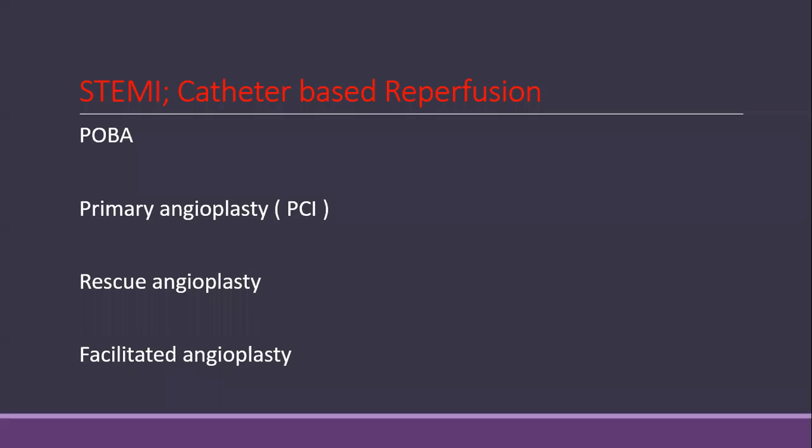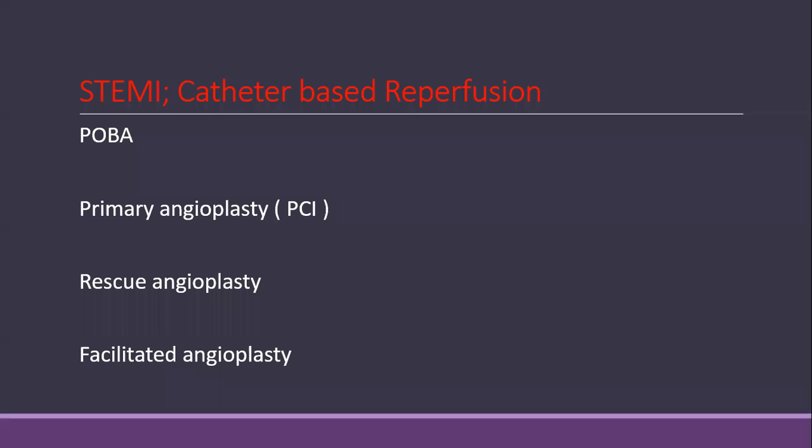There was only inflation of the balloon, and then restoration of the blood flow to the distal myocardium. This is the result for those patients who only go for balloon inflation.